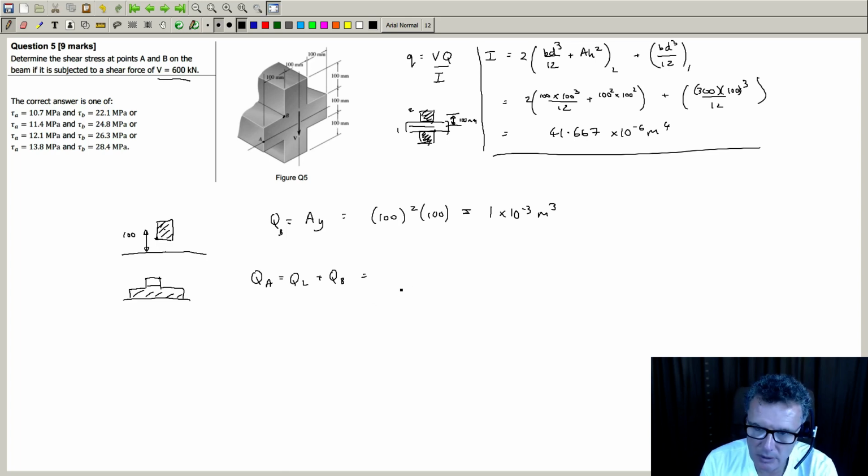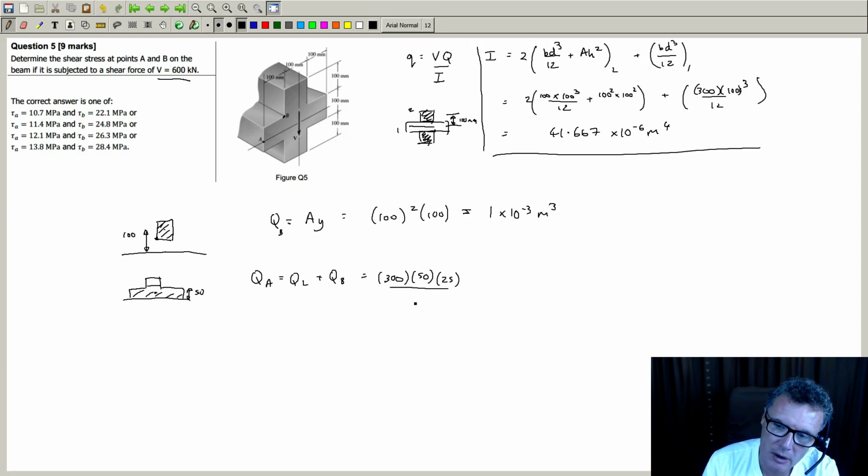So the Q lower will have a width of 300. First, let's work out its area. It's 300 millimeters wide. And then it's got a height of 50 millimeters. And the centroid for this, well, if this is 50 millimeters depth, the centroid will be 25 millimeters. Okay, so remember we're going to divide that all by 1 times 10 to the 9.